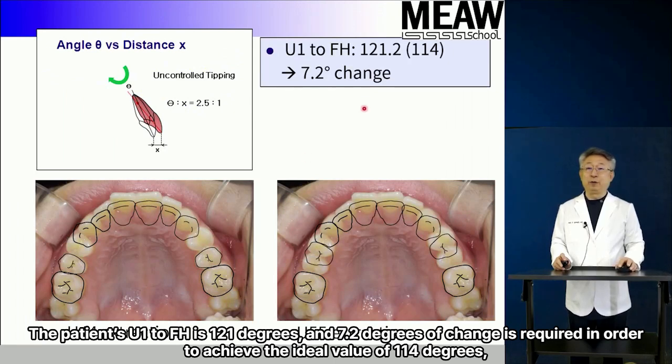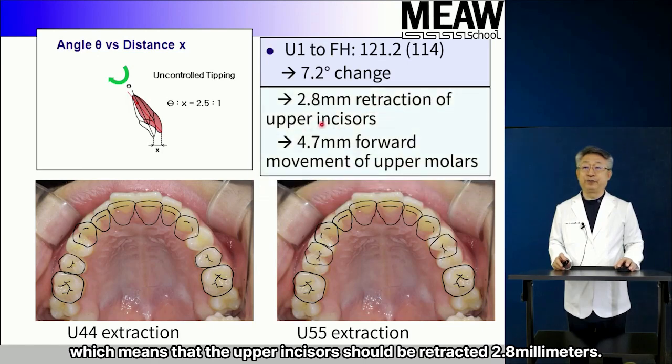The patient's yuan to FH is 121 degrees, and 7.2 degrees of change is required in order to achieve the ideal value of 114 degrees. Which means that the upper incisors should be retracted 2.8 mm.